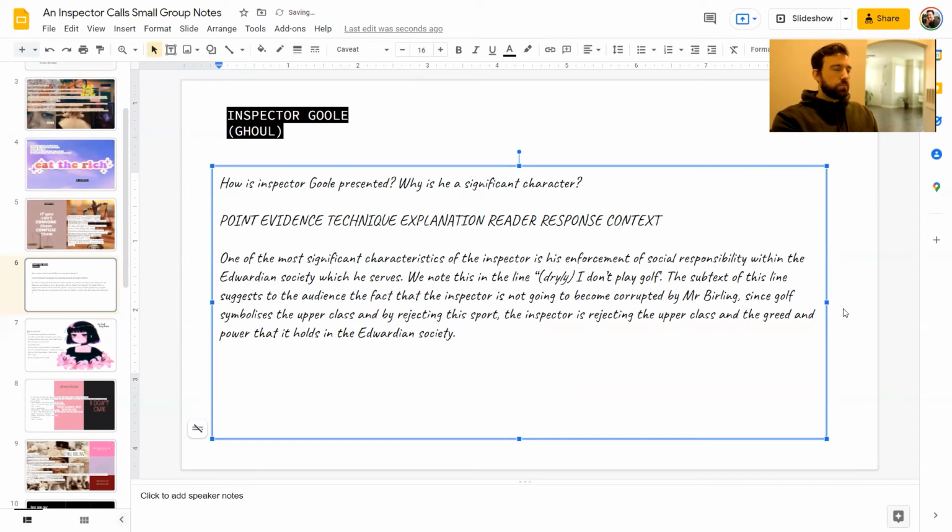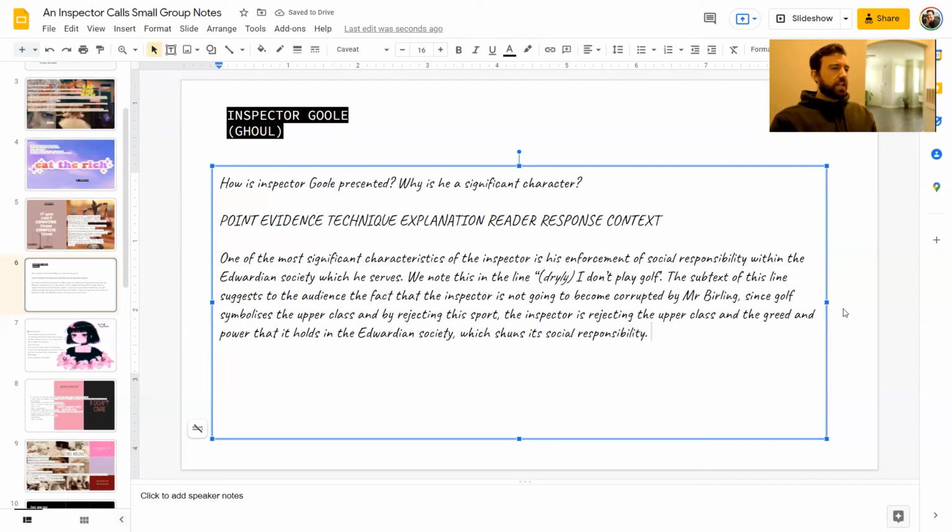Okay, so that's the first bit about how it's talking about social responsibility, the fact that he rejects or shuns its social responsibility. So that's the first quote that you could use, and there's a little bit of analysis for you.